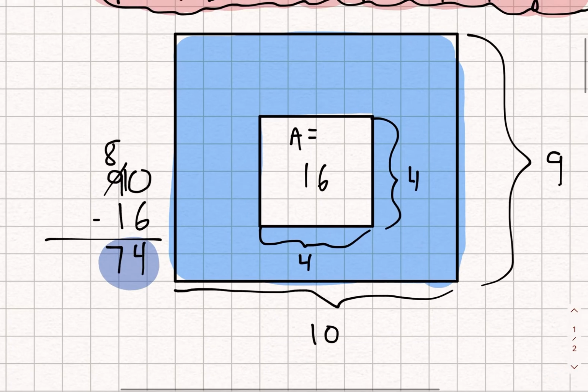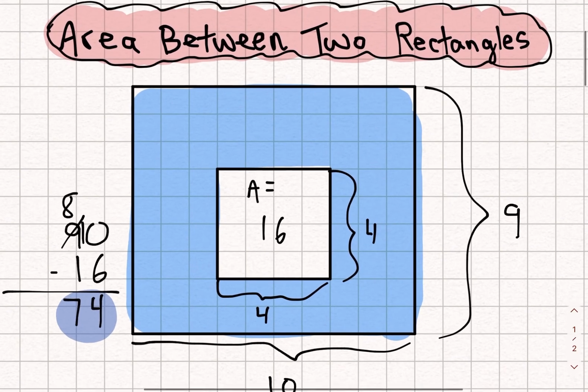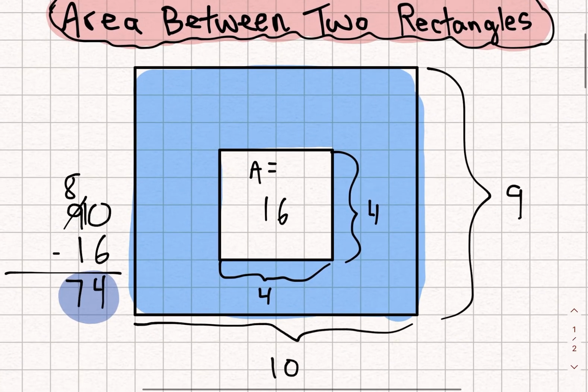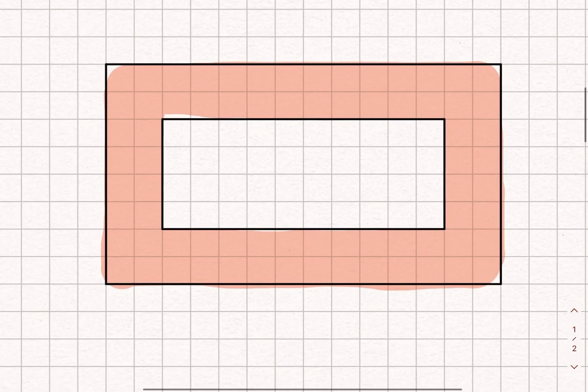So again, the rule here is find the area of the large rectangle, find the area of the small rectangle, and subtract the small one from the big one. You find the difference between the two. Remember, difference is a subtraction word. All right, I'd like you to give this a try on your own in your math notebook. Go ahead and draw this exactly as it's drawn here.